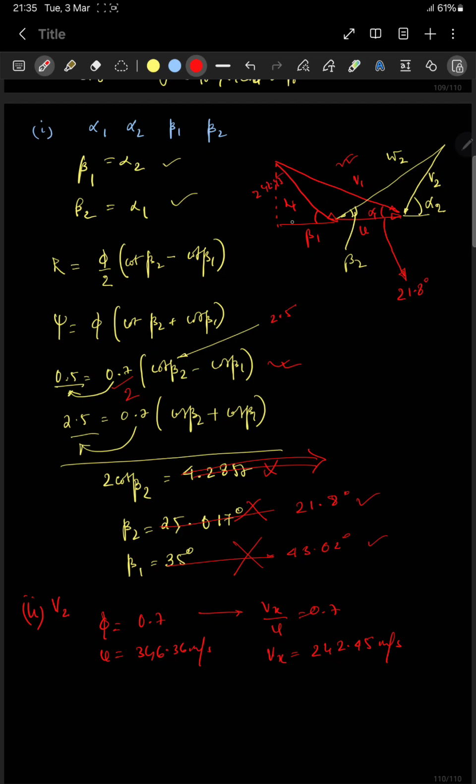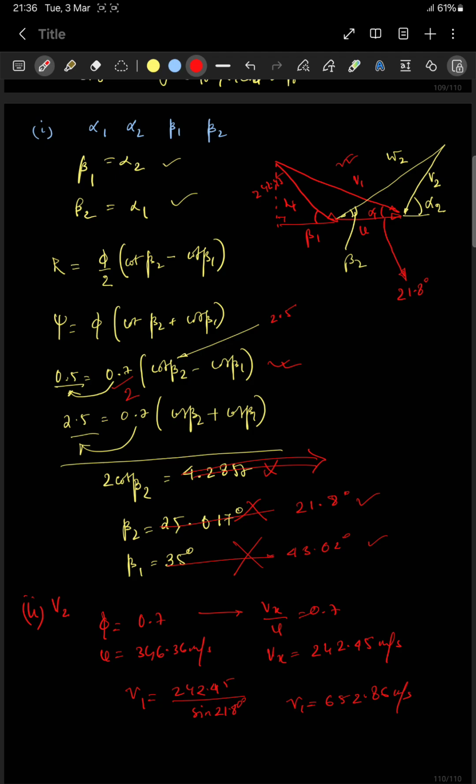So from this right angle triangle, we can find out V1. Sine 21.8 degrees. So we have V1 equal to 652.86 meters per second. Okay, the answer is right.